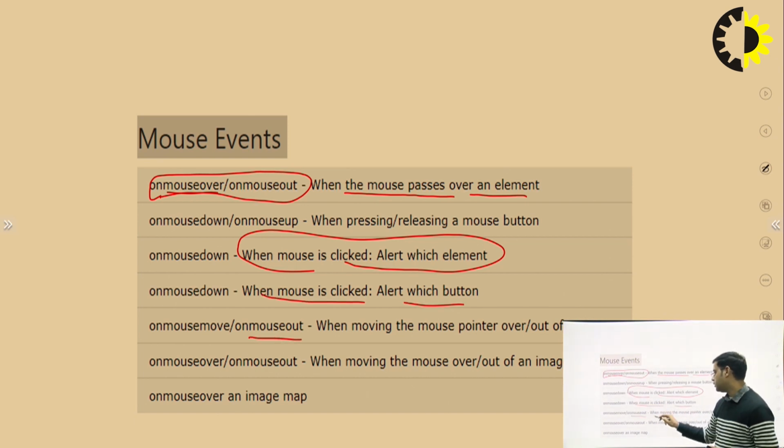On mouse out says that when moving the mouse pointer out of an element, suppose in your screen there are some images, when your cursor is moving away from those images, some actions are performed.